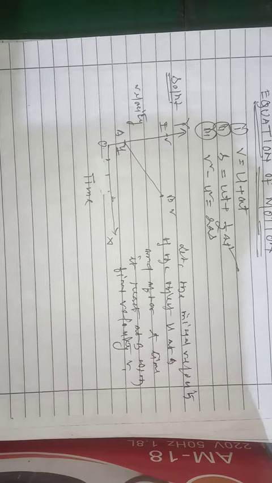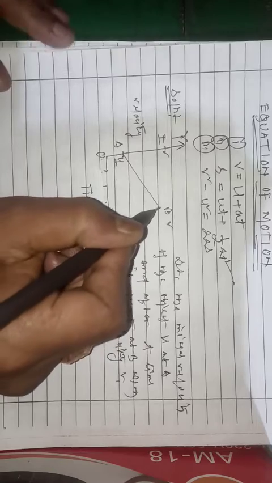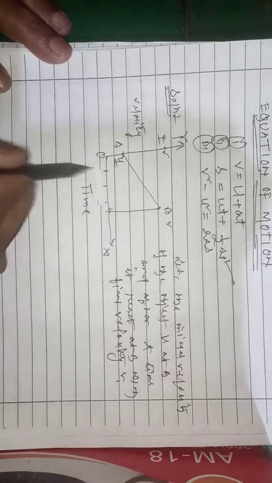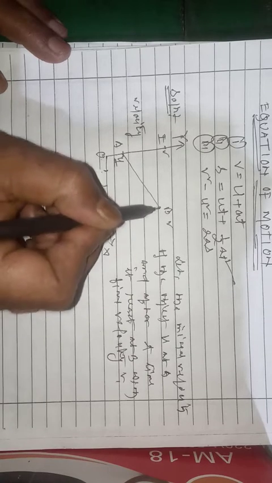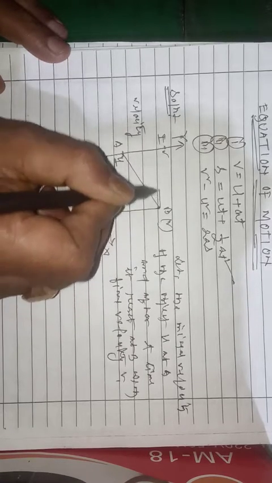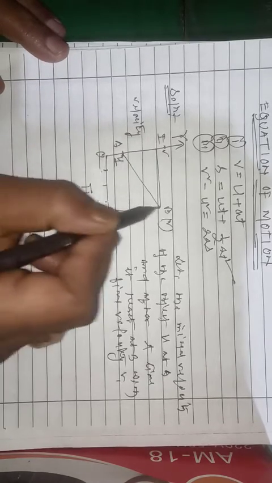Now we will draw some perpendicular from this point B. From B, one perpendicular I am drawing on the x-axis, another perpendicular from B to the y-axis, and another perpendicular from A to this line.